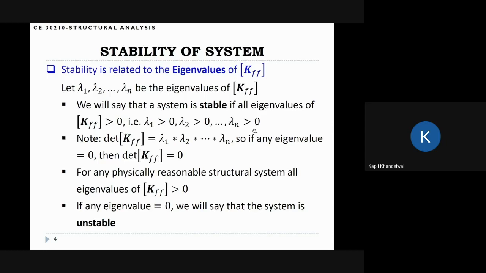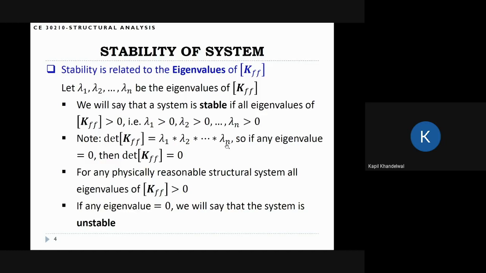And if you recall some of your linear algebra, I don't know how much linear algebra you remember, but there's an important result in linear algebra. The determinant of KFF is actually the multiplication of all the eigenvalues. So the determinant of KFF can be calculated by lambda 1 times lambda 2 times up to lambda n.